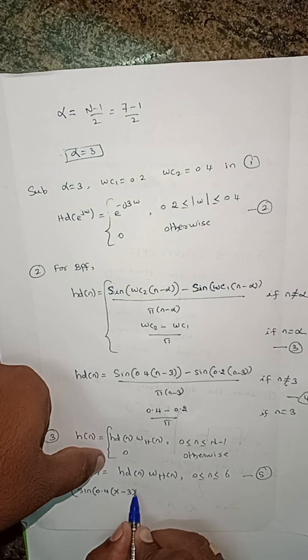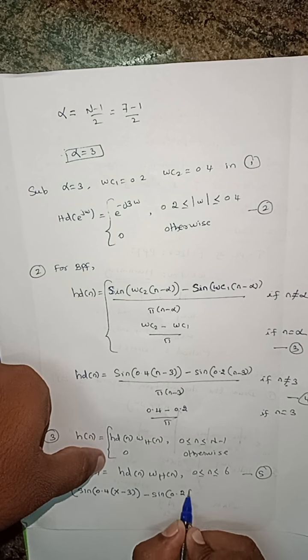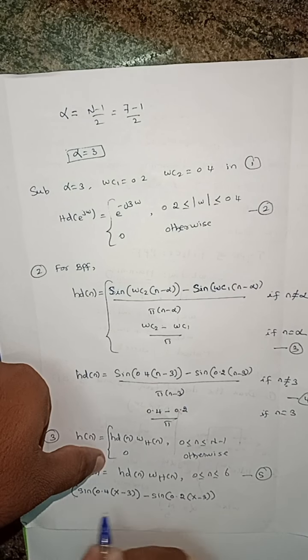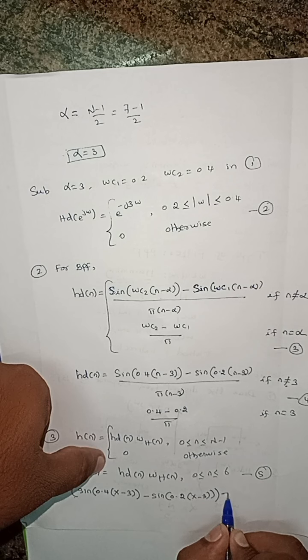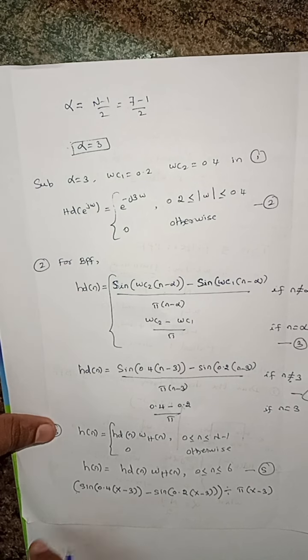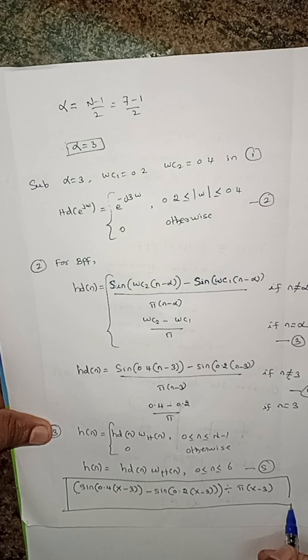Already one open bracket is there, so close bracket. So sin of 0.2 of x minus 3, close bracket, divided by pi of x minus 3. So we have to type the equation present in this box in our calculator.